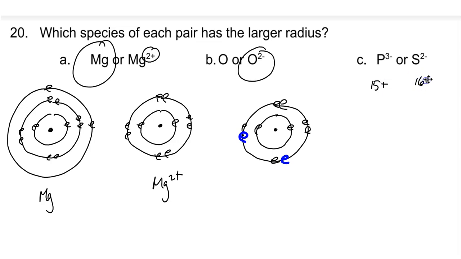Sulfur has 16 protons. Well, what's going to be able to pull those electrons in a little bit closer, having 15 protons pulling on them or 16 protons, because they have the same number of valence electrons? They both have 18 electrons. So now we're just looking at that effective nuclear charge, or the number of protons that pull them in closer. 16 can pull in closer than 15, so that means sulfur is going to be smaller. The answer, the bigger one, is going to be phosphorus.